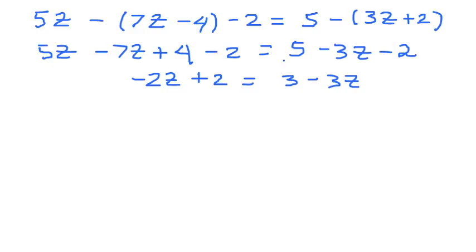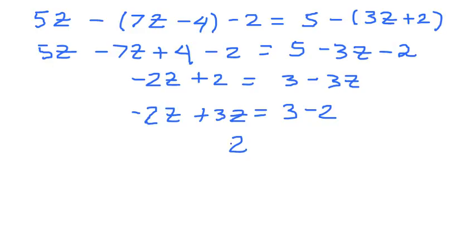Alright, let's take the 3z over to the left. So we're going to have negative 2z, and I need to make my 2's not look like z's, plus 3z. And then we'll take that 2 over to the right, 3 minus 2.